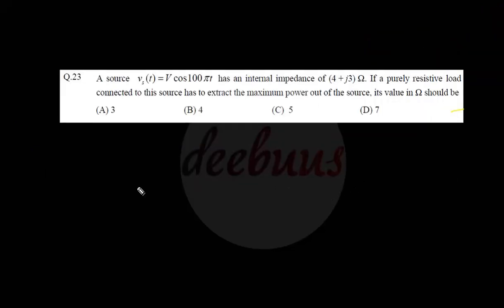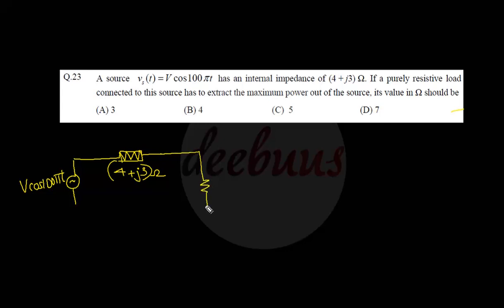Moving to the next question, a source Vs of t equal to 100 V cos 100 pi t has an internal impedance of 4 plus j3 ohm. If a purely resistive load connected to this source has to extract the maximum power out of the source, its value in ohm should be?